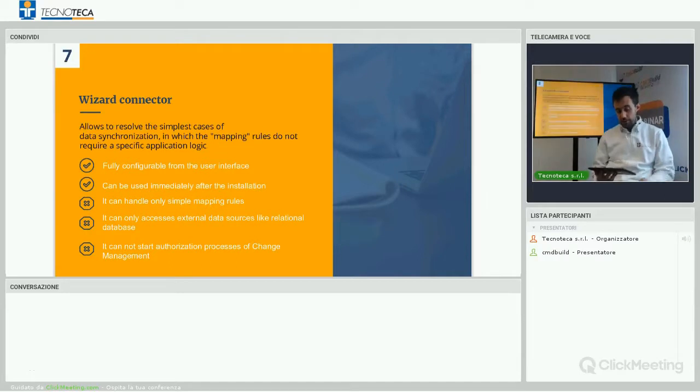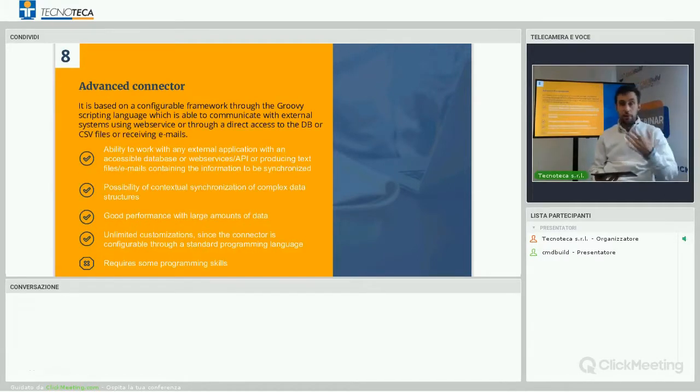To be very honest, the Wizard connector is very simple to use, but we don't use it very often. Only around 5 to 8% of our customers are able to use the Wizard connector.